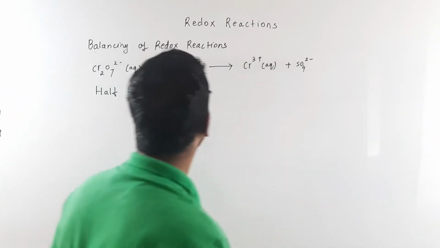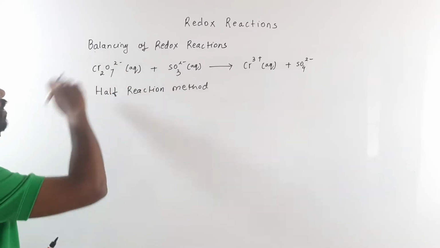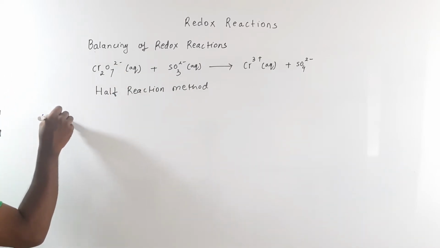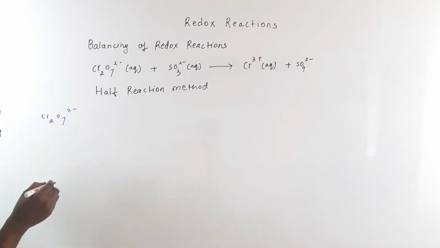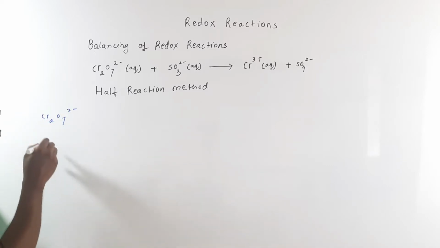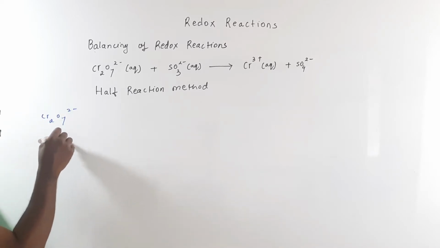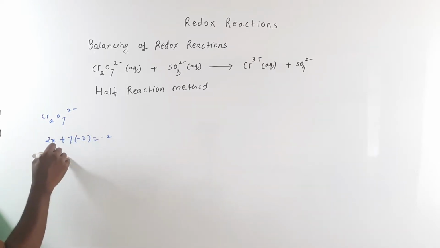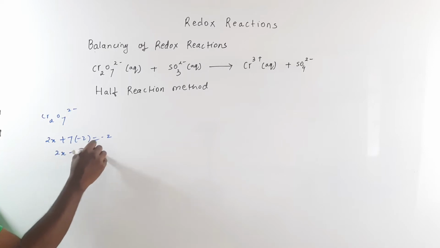If you see over here, chromium, what is the oxidation state of the chromium? If we calculate the oxidation state of the chromium in Cr2O7 2 minus, I'll put chromium to be x, so 2x and 7 into minus 2, which is equal to minus 2, right? So 2x minus 14 is equal to minus 2.